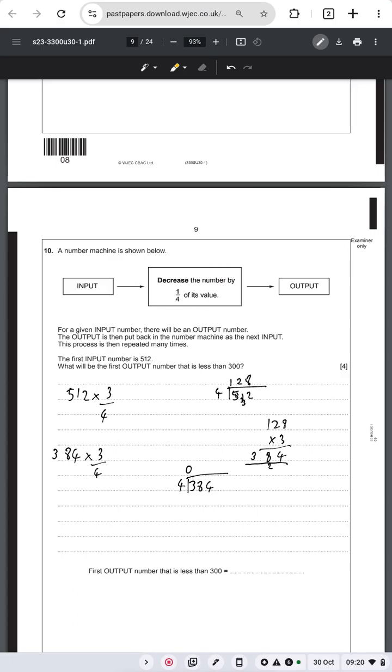There are 9 4s in 38, but that will give us a remainder of 2, and there are 6 4s, so it's 96. So now we have 96 multiplied by 3, so 6 times 3 is 18, carry the 1, 3 times 9 is 27, add the 1 is 28. So this will give us our final value of 288.